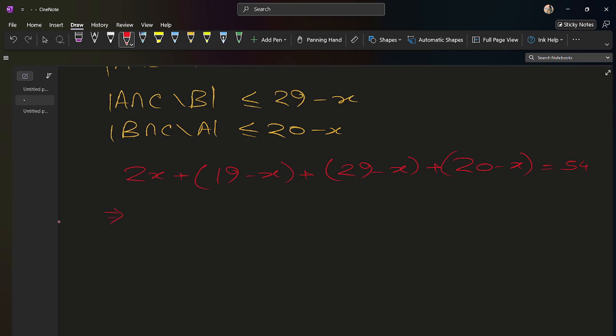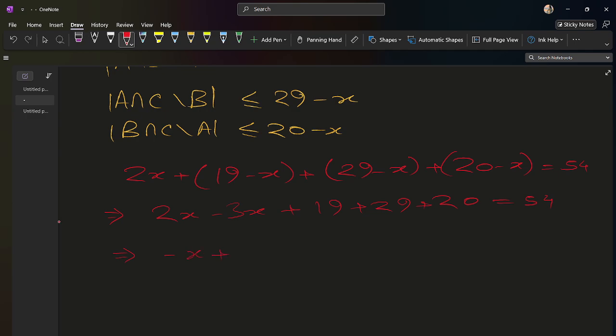Then there are minus 3x and we got 2x here, so it becomes minus x plus 19 plus 29 plus 20 equals 54.